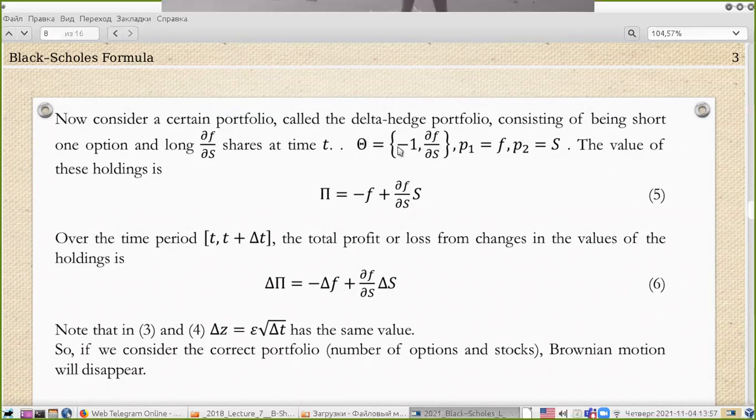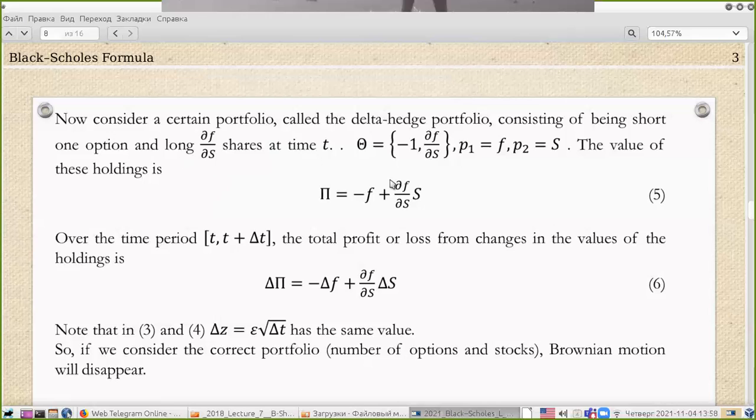So it is the portfolio, and let the initial or current price of the option be F, and the price of the stock S. S we know, but F we don't know, and we would like to find today in this lecture exactly this F.